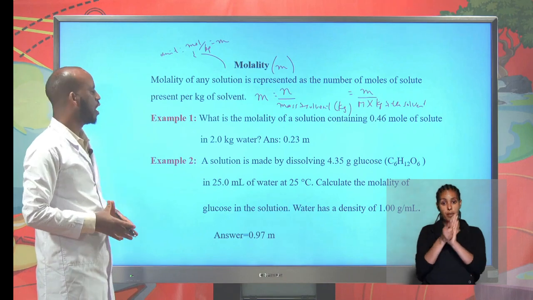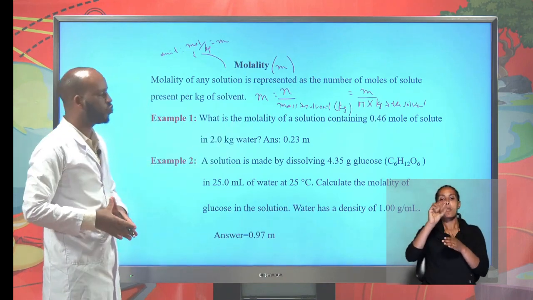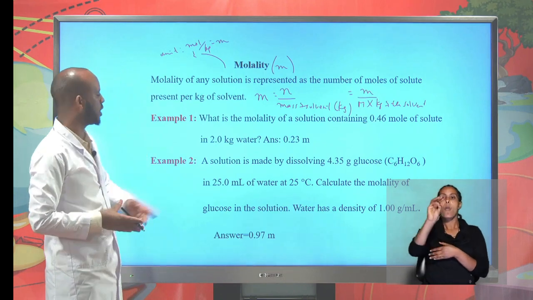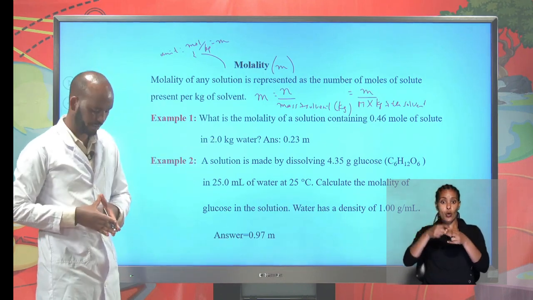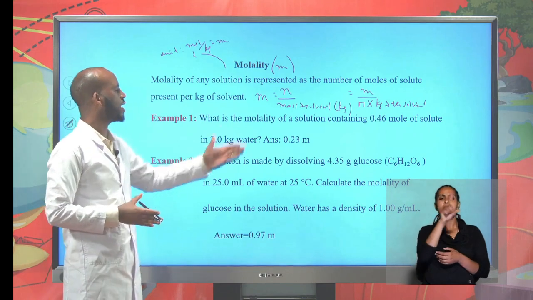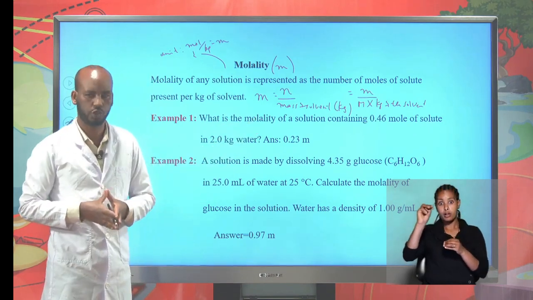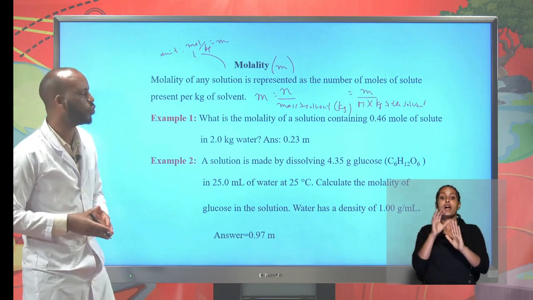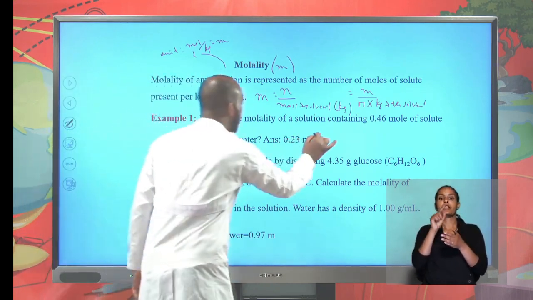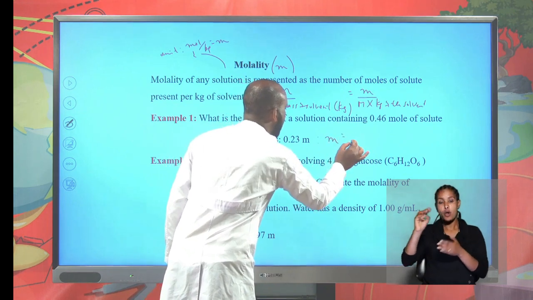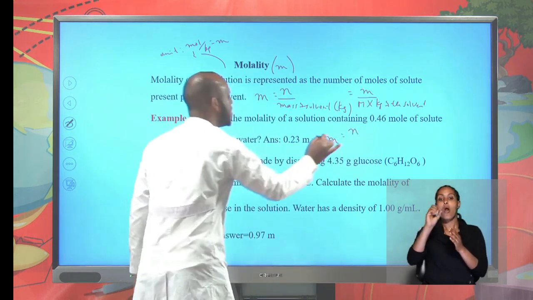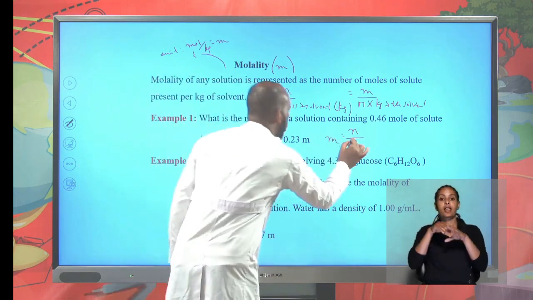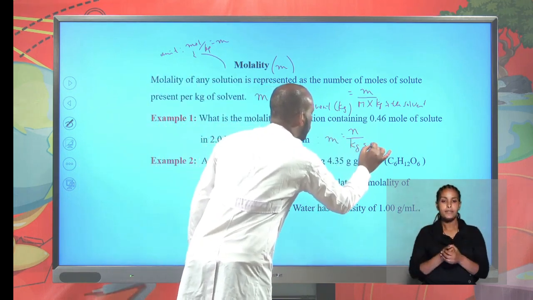For example, what is the molality of a solution containing 0.46 mole of solute in 2 kilogram of water? You are asked to calculate molality of a solution. One way of expressing concentration of a solution is using molality. Molality equals number of moles of solute divided by mass of solvent in kilogram.